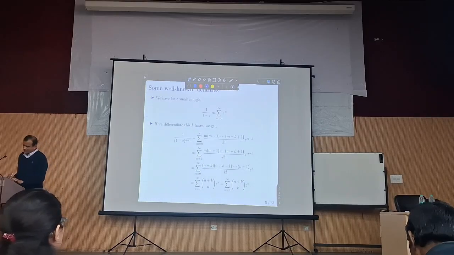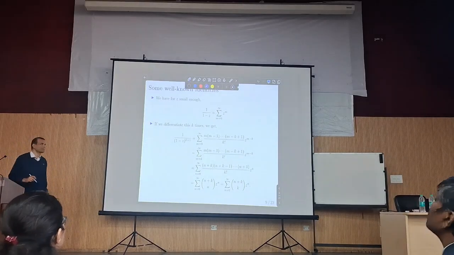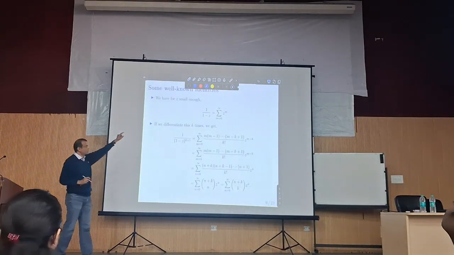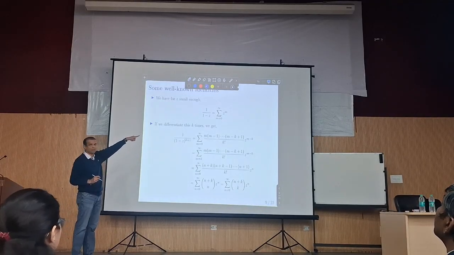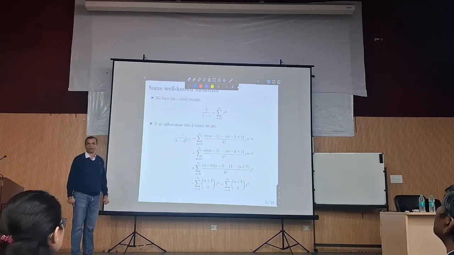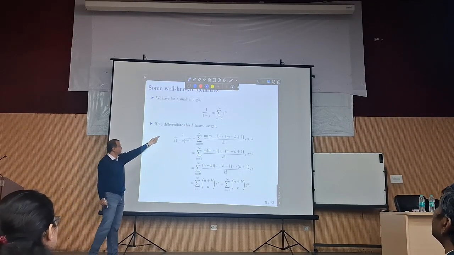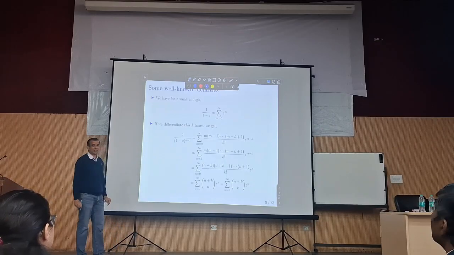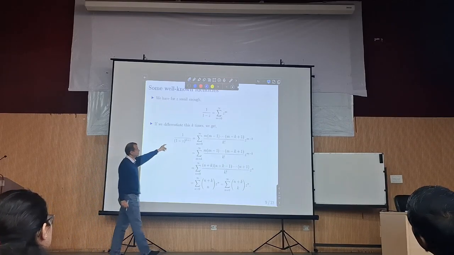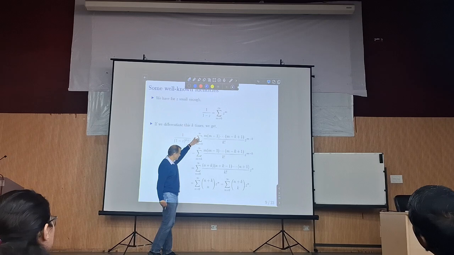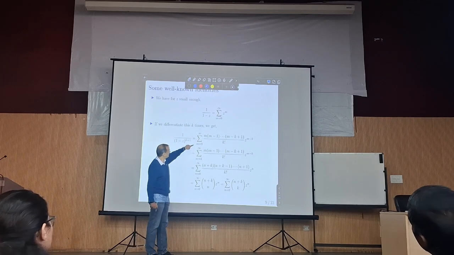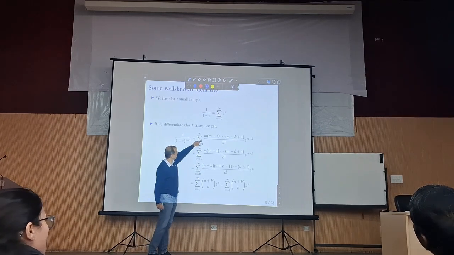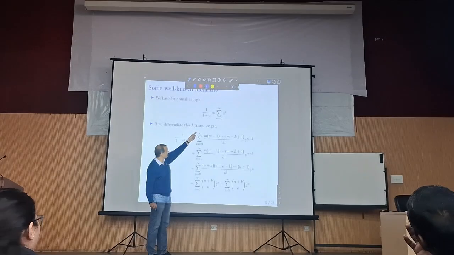Well, let's start with the geometric series. 1 over 1 minus z is equal to the summation over m from 0 to infinity of z to the m. Now I differentiate both sides. If you differentiate k times, this is exactly what you do. You can check that if I differentiate once, you get m z to the m - 1.